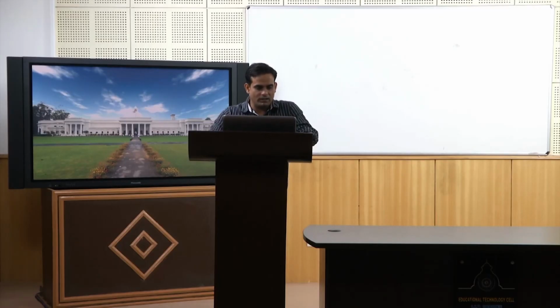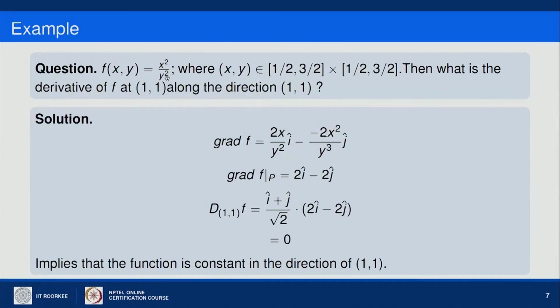Another example you can take: f of x, y is x square upon y square, where (x, y) belongs to this interval. Please note that in this rectangular domain I am not having 0, that is, the y axis is not included here because there this function is not defined. Then what is the derivative of f at (1, 1) along the direction i plus j? If the vector is i plus j, I need to make it a unit vector.